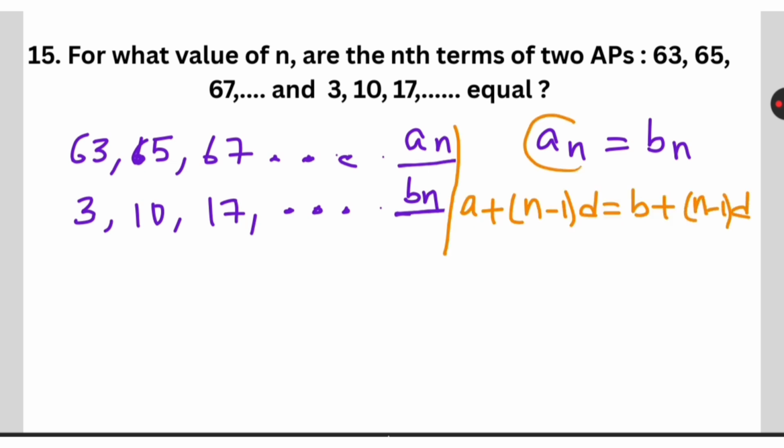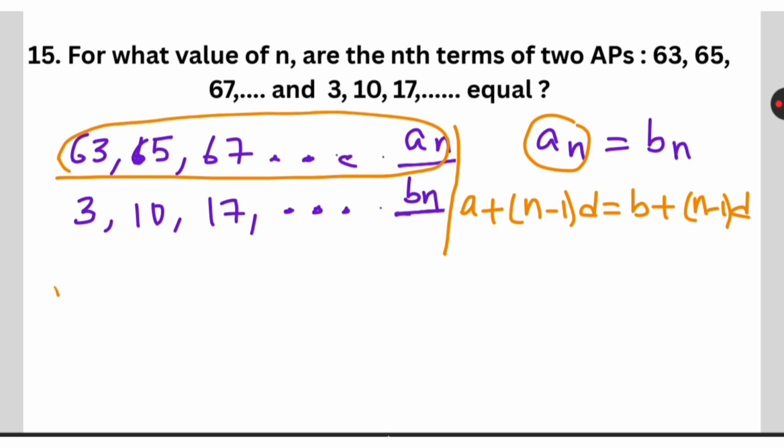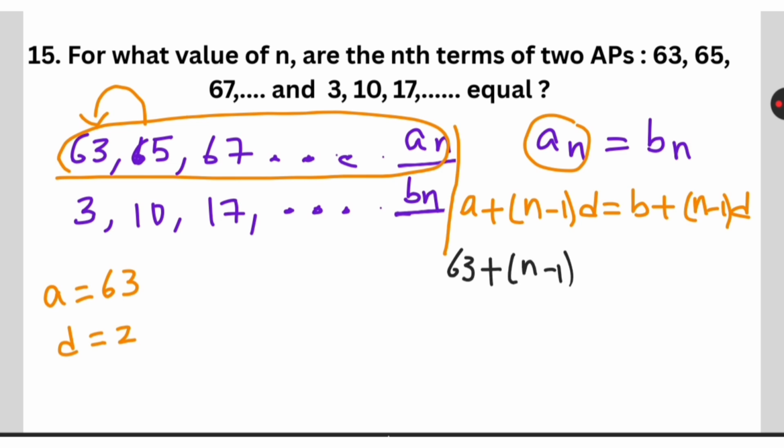This an is for the first arithmetic progression. Here the first term is 63, the common difference is 65 minus 63, which is 2. So let's substitute: a is 63 plus n minus 1 into the common difference 2. That is equal to bn, which is the second arithmetic progression.